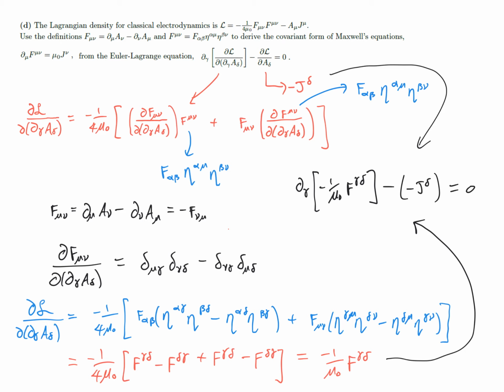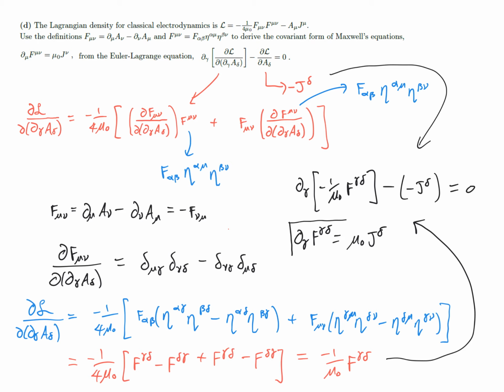So if we cancel the minus signs, move the J onto the other side, and multiply by mu naught, we're going to obtain this final result. And that's exactly what we're looking for.